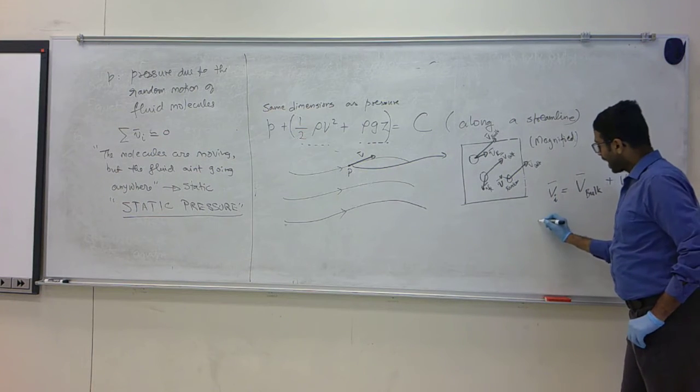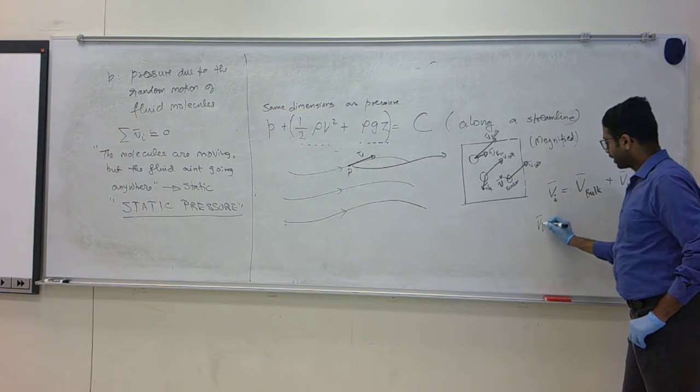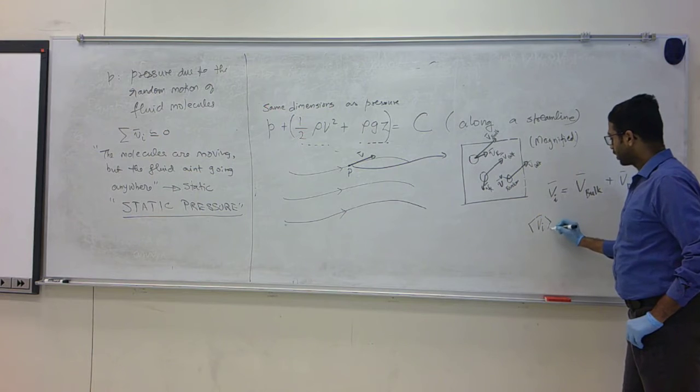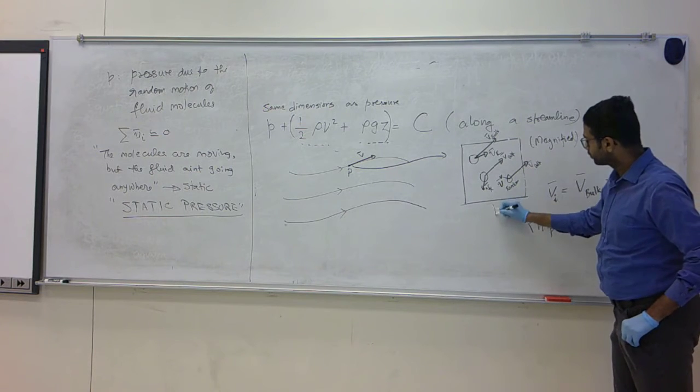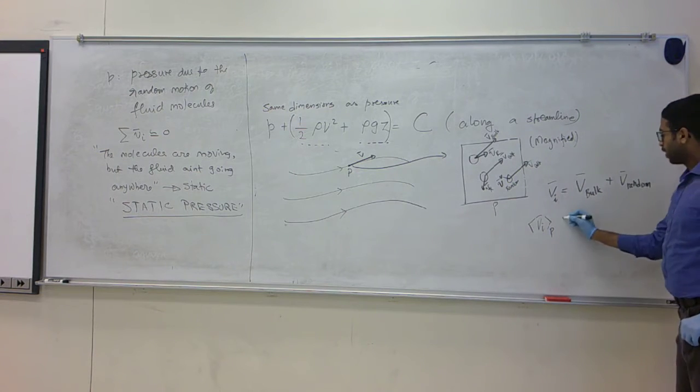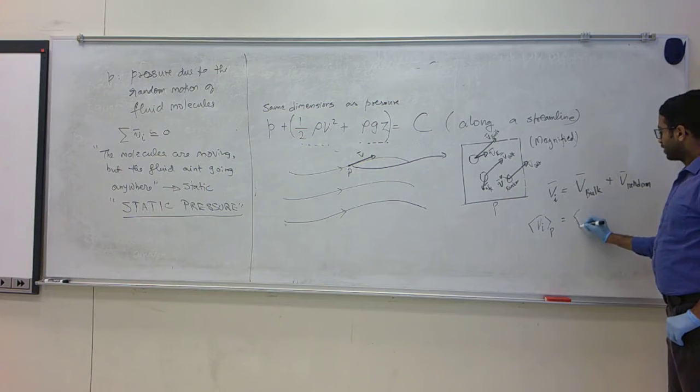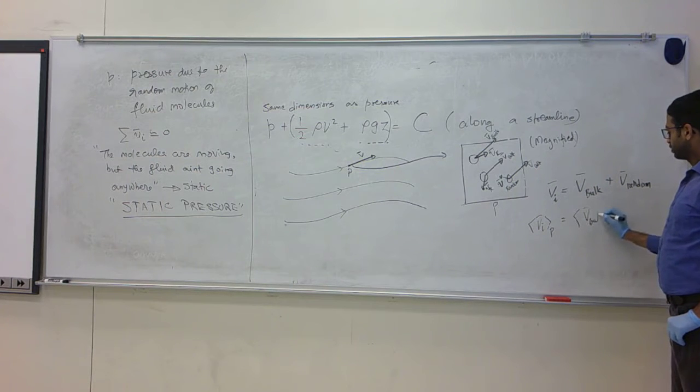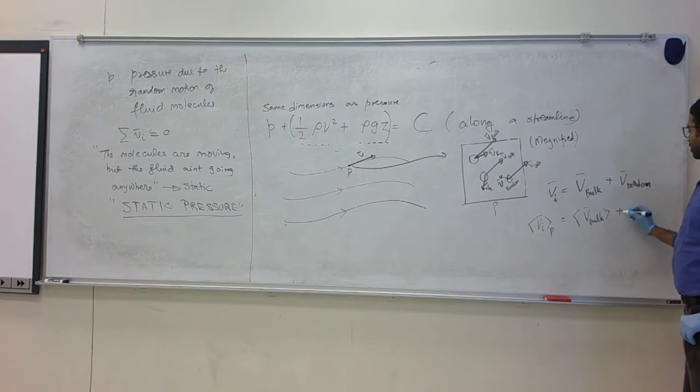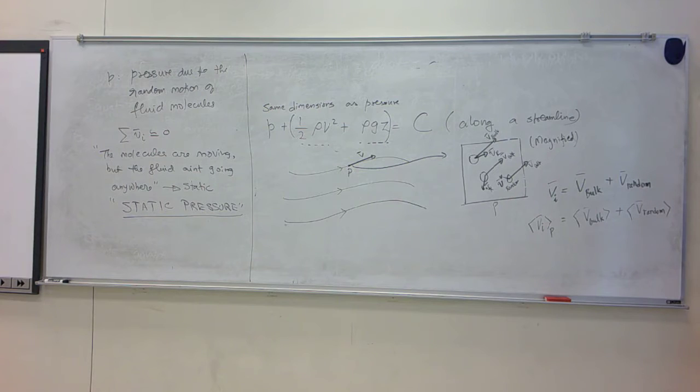If I take the average velocity of all the molecules at that point P, what I get is the average of the bulk component plus the average of the random component.